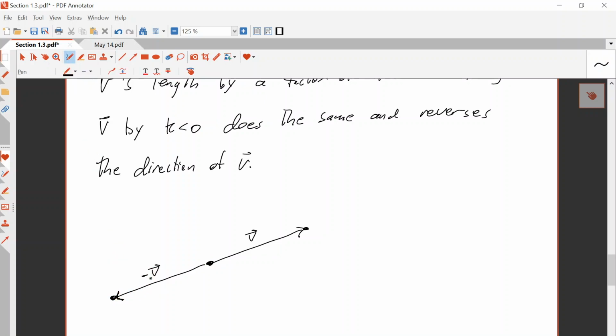Multiplying by a negative stretches by a factor of the absolute value of that scalar k, but that's just a -1, so it's got the exact same length, and reverses the direction. So that's v, that's negative v, this would be, say, 1/2 v, and this would be 2v.